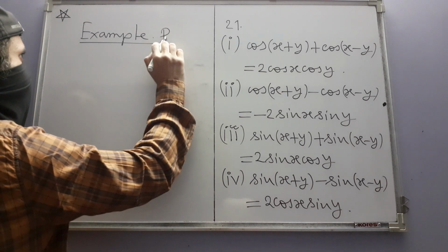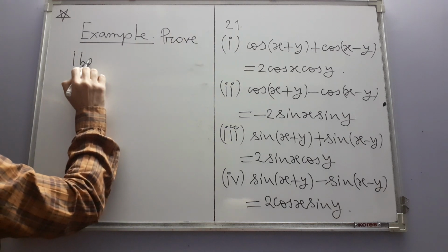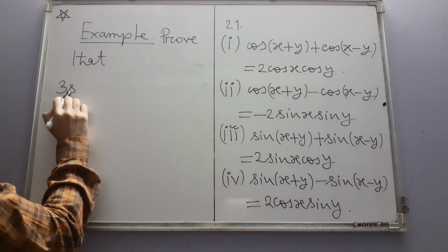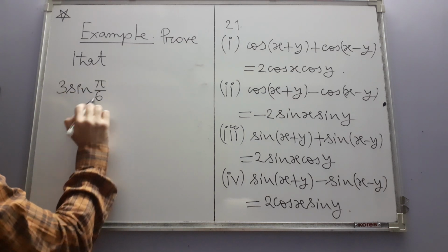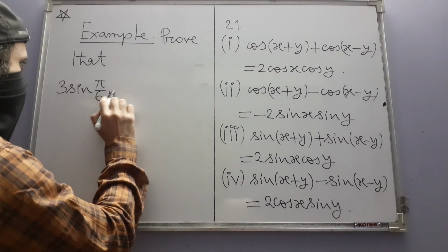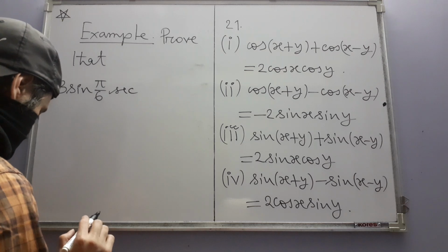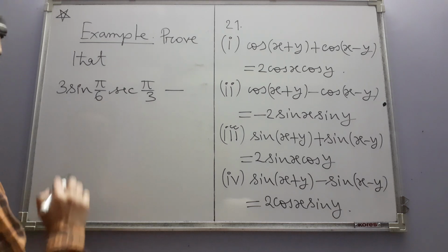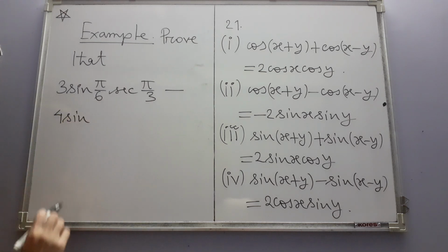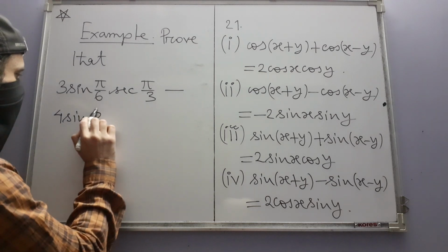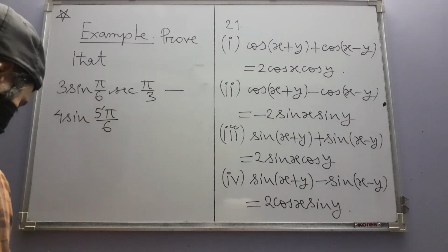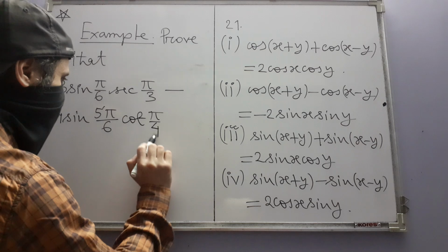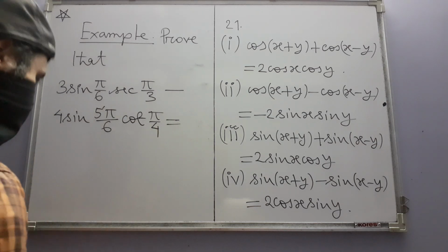Prove that 3 sin(pi over 6) times secant(pi over 3) minus 4 times sin(5 pi over 6) times cot(pi over 4) is equal to 1.